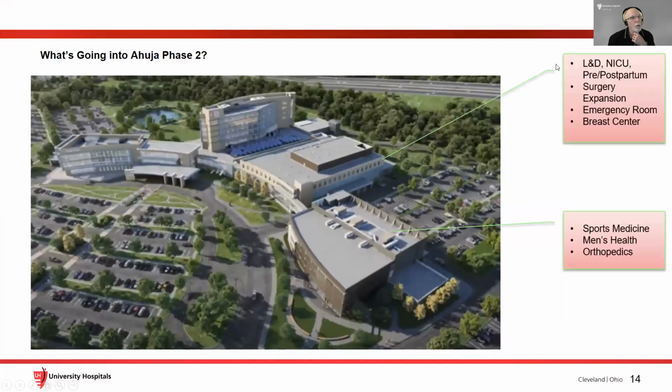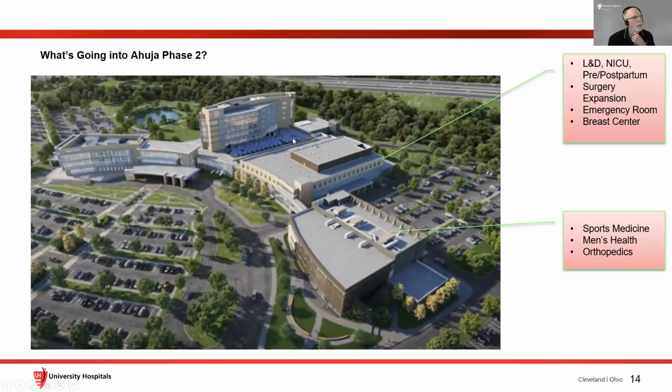So as you saw, labor and delivery, NICU, pre and postpartum, surgery, emergency room, and the breast center are going to go in the pavilion. Sports medicine, yes, there's a 40-yard football field in the sports medicine building, and men's health and orthopedics. There's also going to be an MRI sitting off here for use for sports medicine and orthopedic purposes.